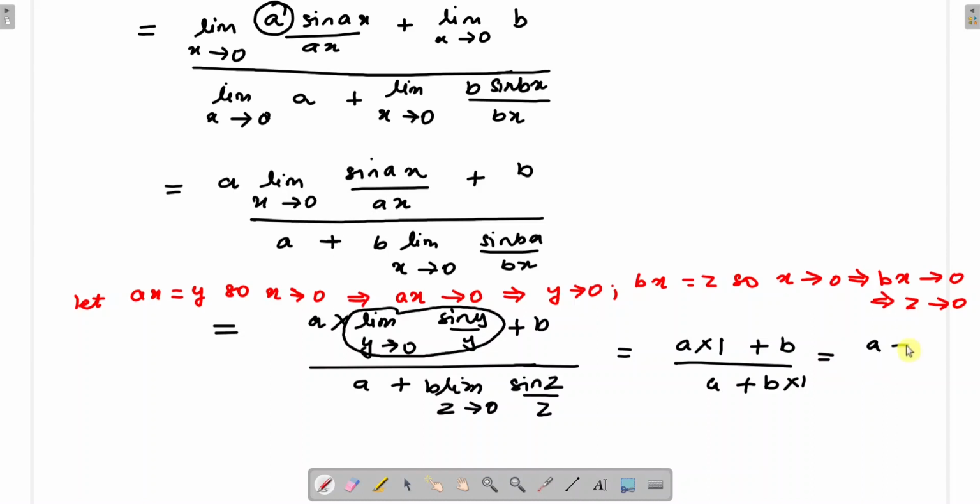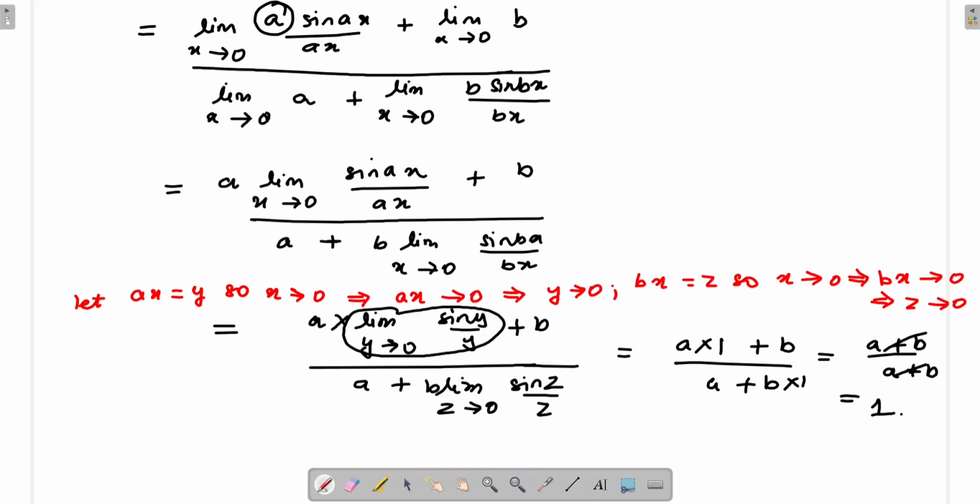This will be equal to a plus b divided by a plus b. Same quantities in the numerator as well as the denominator will get cancelled, 1 will remain. So that is the answer for the problem.